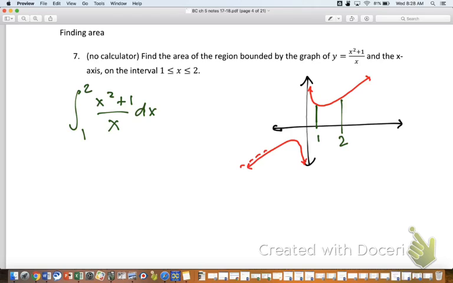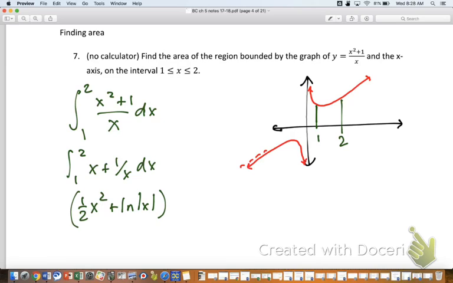So did you guys do the real quick division and cancel out the x's as appropriate? If you did that, you'd get the integral from 1 to 2 of x plus 1 over x dx. You want to do that because the degree of the top of the fraction is bigger than the degree of the bottom of the fraction. This would leave you here: 1/2 x squared plus natural log of x, evaluated from 1 to 2.